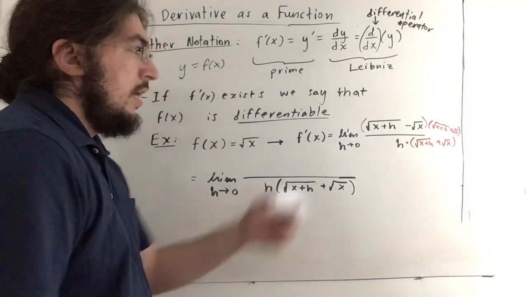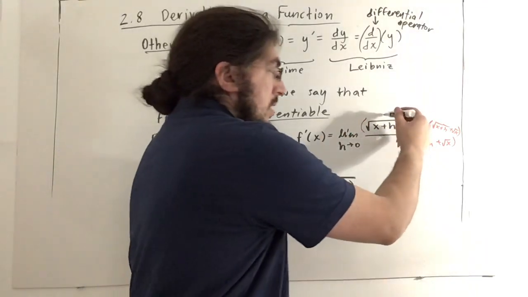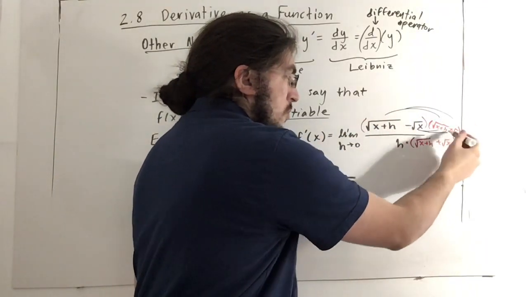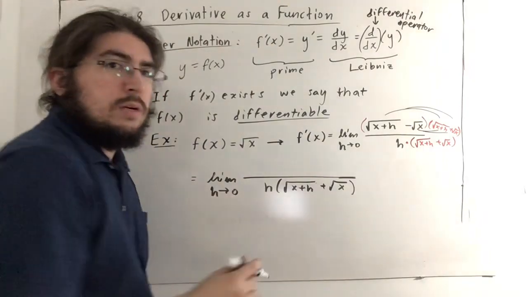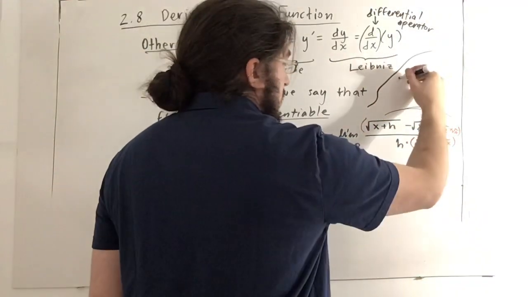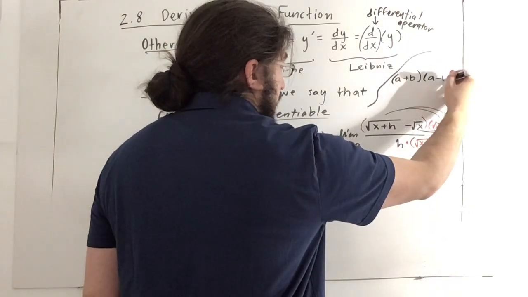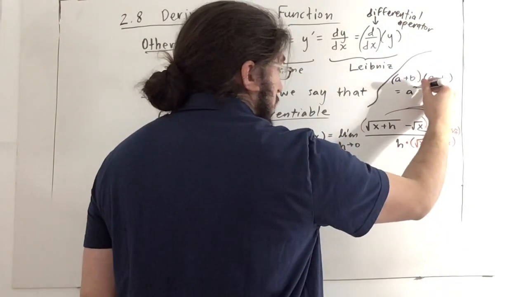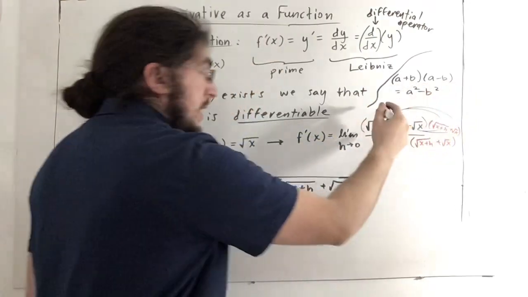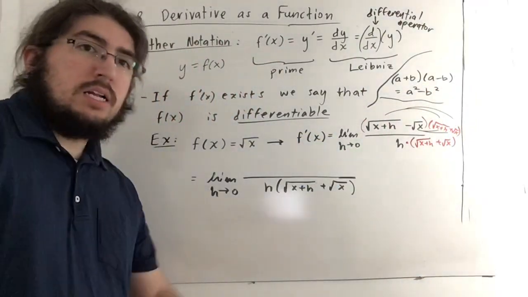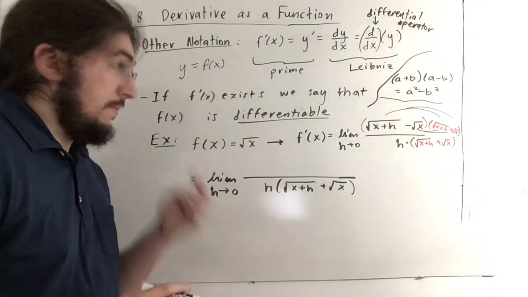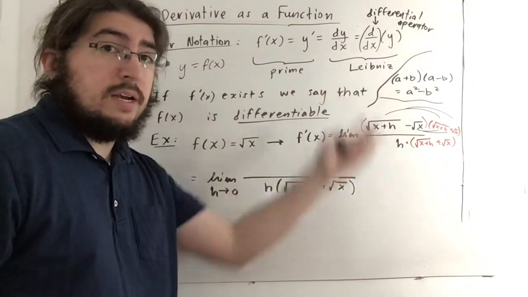That's fine. On the top, if you actually FOIL this out, you can if you want to, but I'm just going to recall for us that a plus b times a minus b is what is called the difference of squares. It's a squared minus b squared, and that's a very general thing that happens all the time. This comes up a lot, so we need to know this.